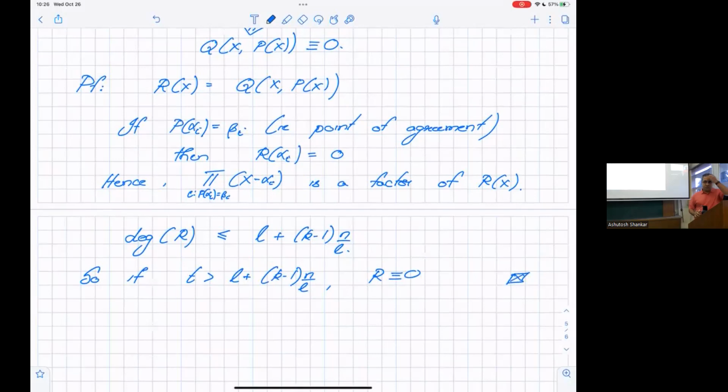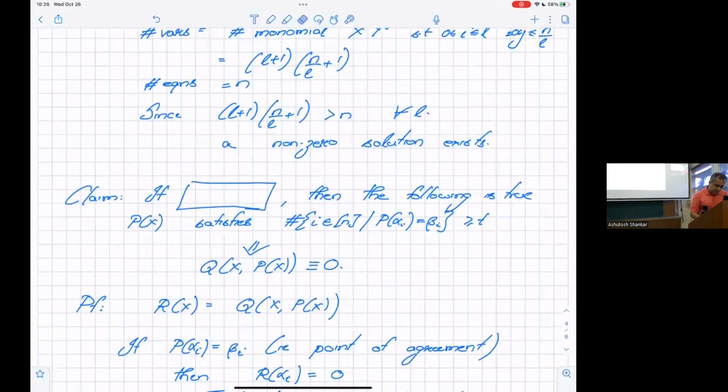Is that fine? We will eventually set L such that t is as small as possible. So the condition over here is exactly that t is larger than L plus k minus 1 times n by L.